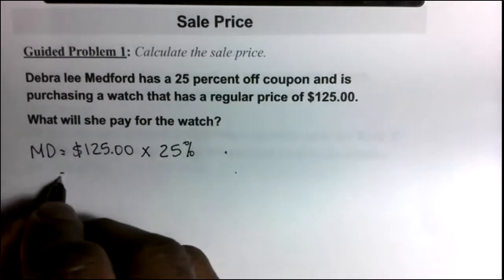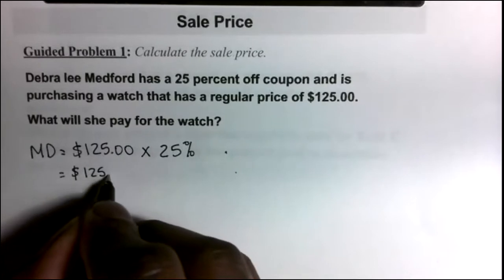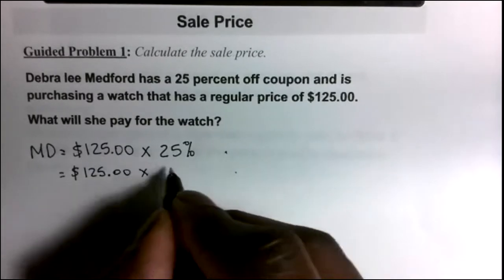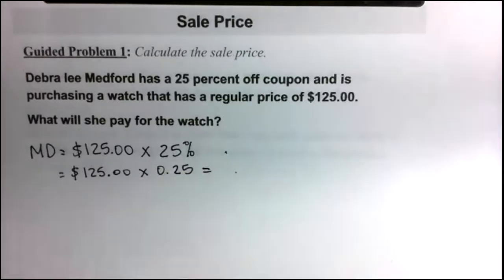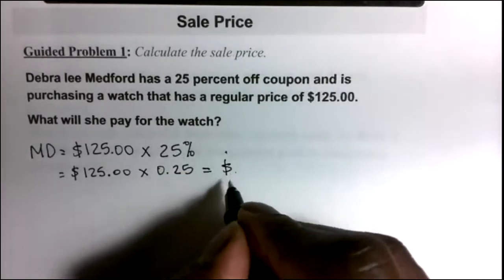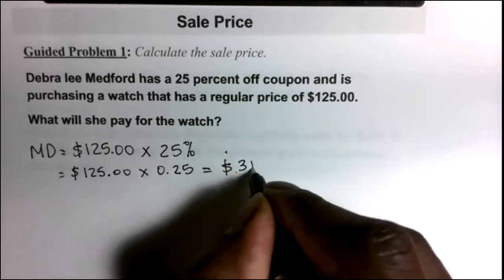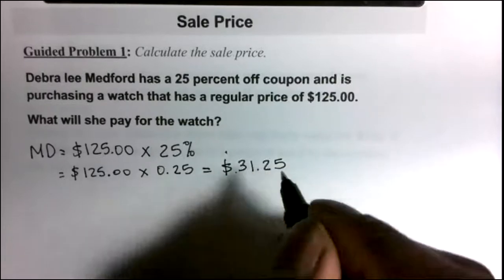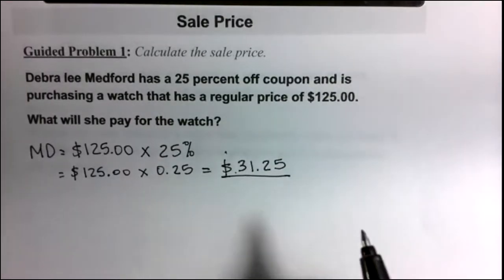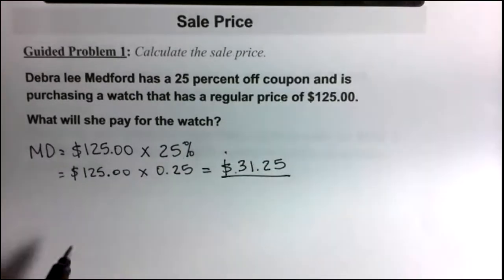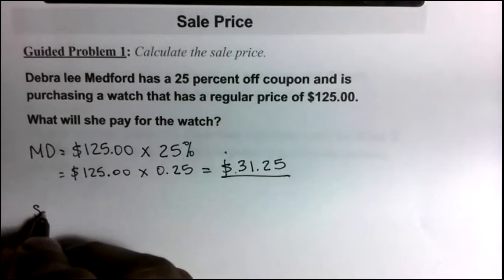Again, I'm going to change this to decimal form: 125.00 times 0.25. And this gives me a total of 31.25. This is the amount that they're taking off the watch. That is not the amount that I'm going to pay for it. So now I have to find my sale price, SP.